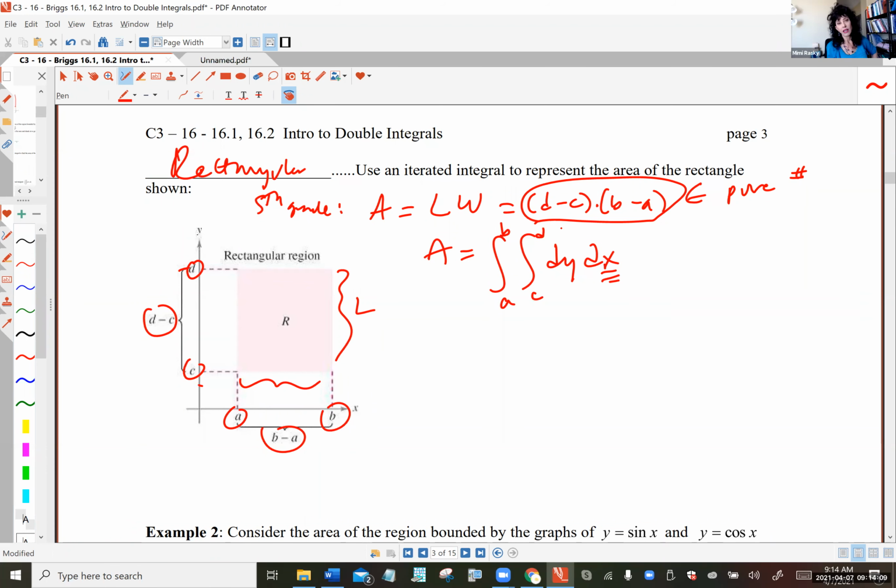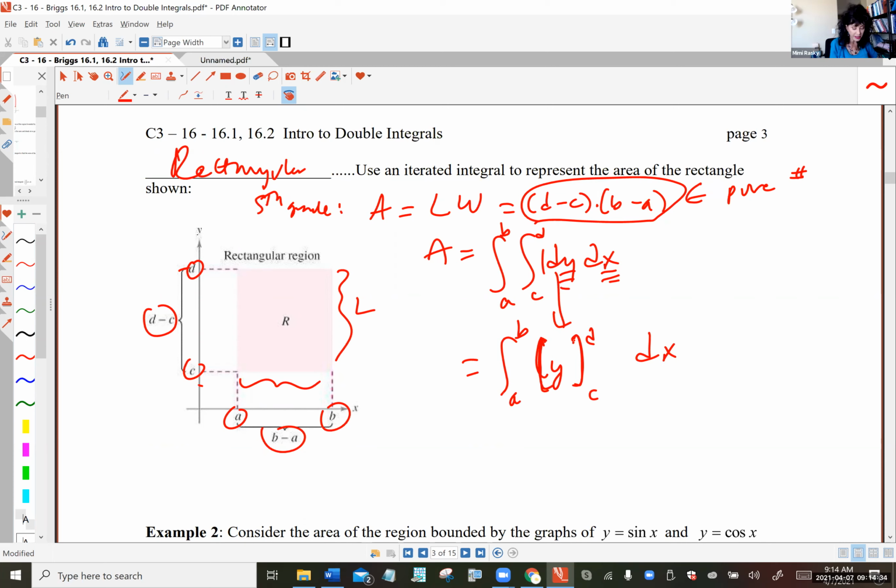Now let's actually evaluate this iterated integral. First you integrate with respect to y. Well, what am I integrating? It's understood that there's a 1 right there. So what's the integral of 1 with respect to y? That's easy, it's just y, and you're going to evaluate that between c and d. Please use the notation I'm using in lecture if you want full credit on your quizzes and exams.